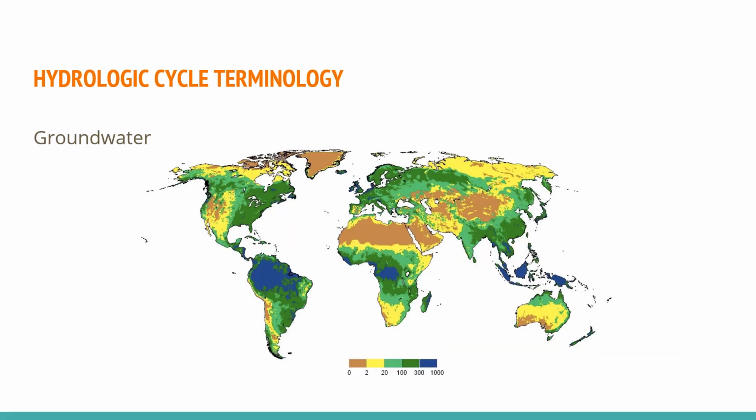When we refer to this, we mainly are talking about groundwater. And you can see here on this graph that groundwater is a very valuable resource that is, while having abundance in some areas, is more particularly having scarcity in others.